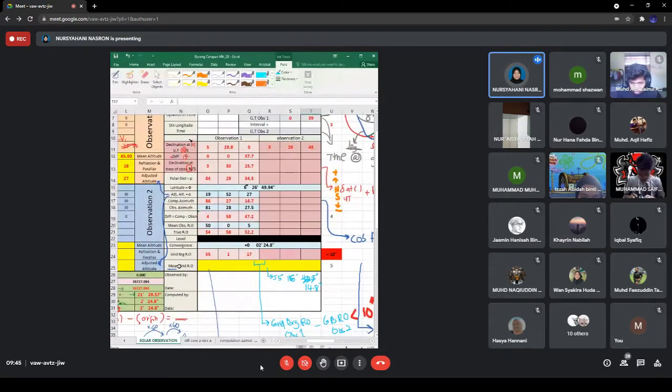Dia actually tak complicated. Contohnya saya bagi contoh lah, kita belajar mengenai star transit. Transit tu sendiri bermaksud perubahan, pertukaran. So we can know matahari bintang terbit dan terbenam. So dia akan ada dua perubahan je. Dia semakin meninggi ataupun dia semakin menurun. At the one point dia akan berubah daripada naik kepada turun. That is transit. Okay.